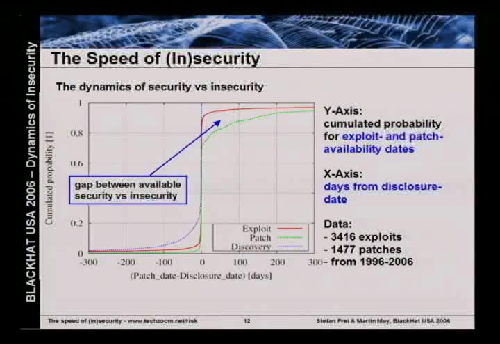Unfortunately, the red curve is always above the green curve, so we see, especially after the disclosure date, that the exploits are made available much, much faster than patches. And the gap between those two curves, we call this the security gap. So even if you patch your system on the day that the patch comes out, you are still prone to attacks because exploits are made available even before. So this is the main result from our initial analysis.